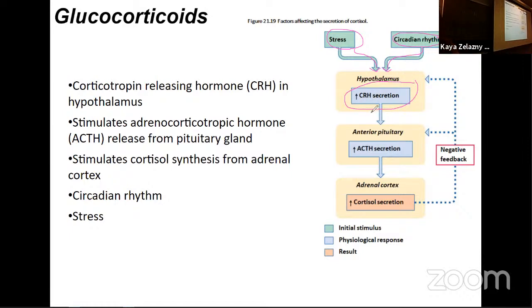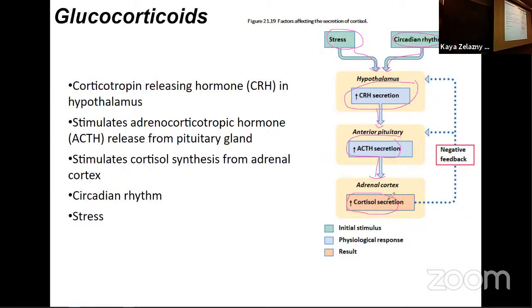And it goes through that portal system to the anterior pituitary, releasing our adrenocorticotropic hormone, ACTH. This circulates into the blood, and it gets all the way down to your adrenal glands sitting on top of your kidney, specifically to the cortex, so to that outer shell. And then we release our cortisol.